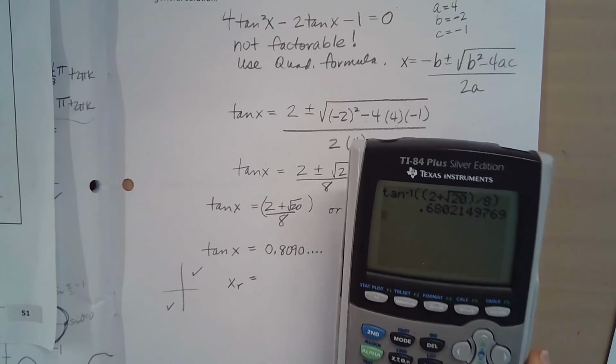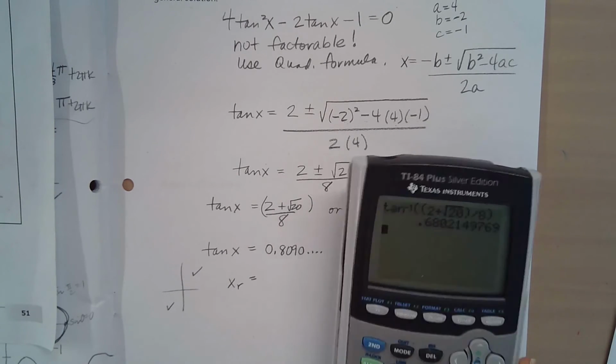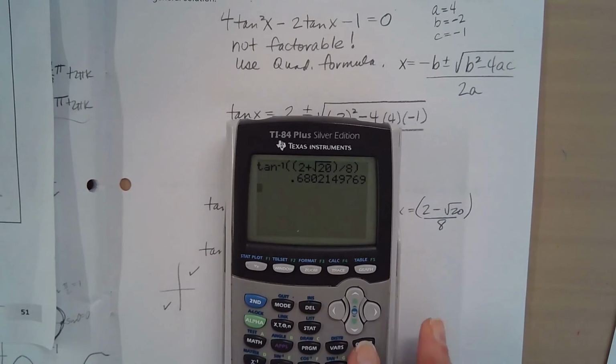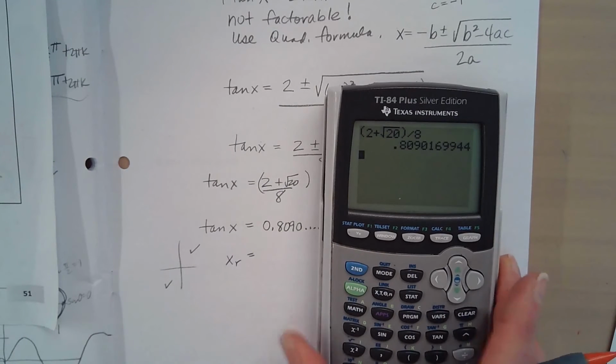Okay, so I got something different this time. Did you guys get something different? Oh, sorry, hang on. Bracket 2 plus root 20 divided by 8. Okay, so that's what I got the first time.